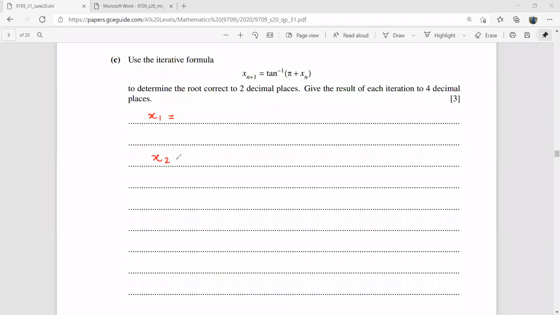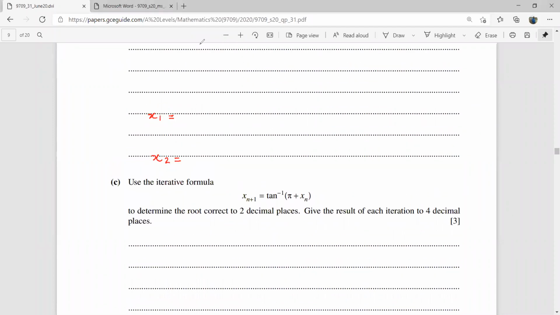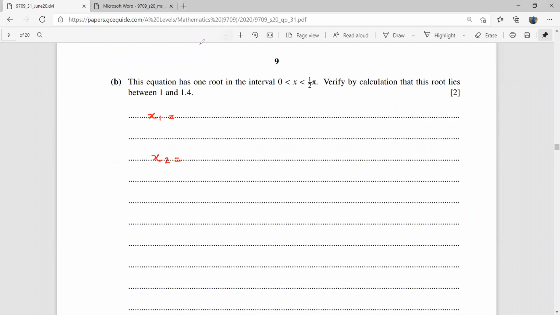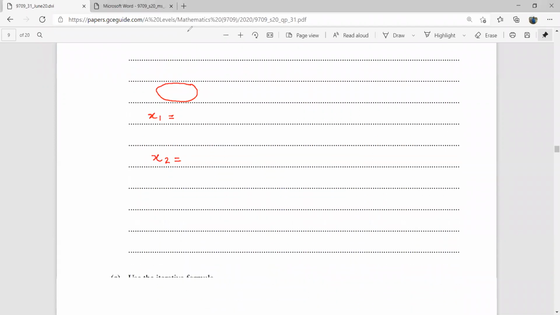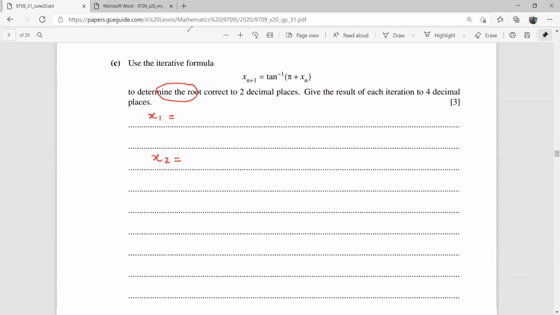Any idea what will be x1 here? If you go back to the previous part, it has asked you to verify that the root is between 1 and 1.4. So you have verified that as well. So then what should be your x1, bacho, for the iterative formula?